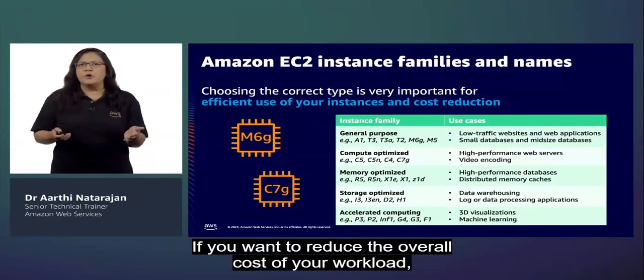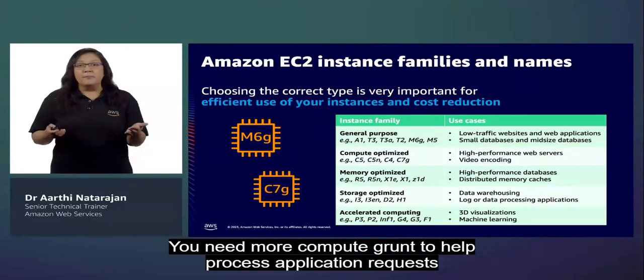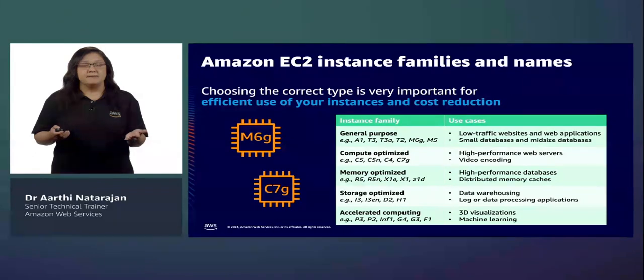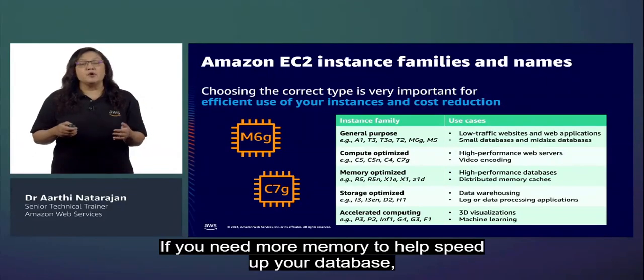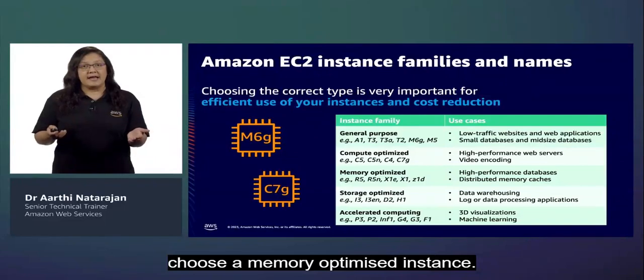If you want to reduce the overall cost of your workload, then choose a general purpose instance. You need more compute grunt to help process application requests or batch processing quickly? Choose a compute optimized instance. If you need more memory to help speed up your database, choose a memory optimized instance.